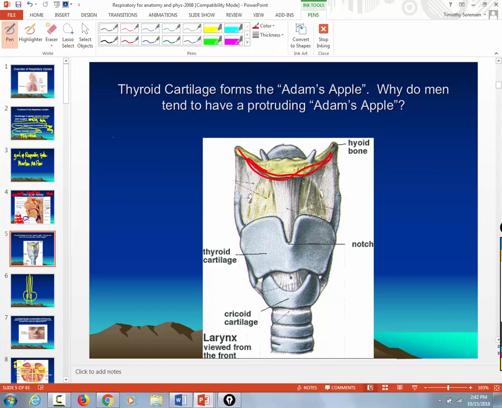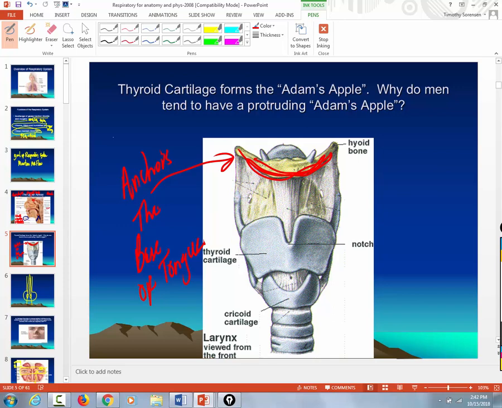You have the hyoid bone, and the hyoid bone anchors the base of the tongue. The hyoid bone is the only bone of the body that doesn't articulate or form a joint with another bone. So it's essentially a free-floating bone.